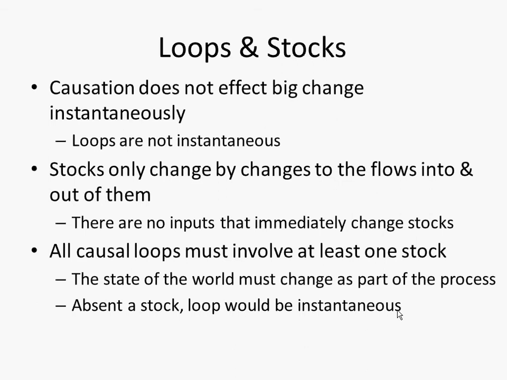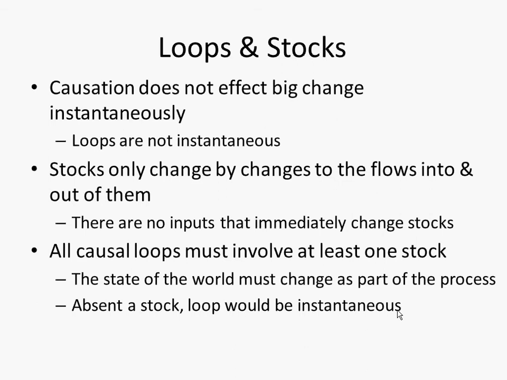So loops within the context of stocks and flows are always going to involve a stock. The stock is the state of the system. It's the current situation, and that's where the delays occur, moreover. This loop is going to play out by changing the state of the system. There may be many steps along it that involve flows, but at some point it has to nudge the state of the system.